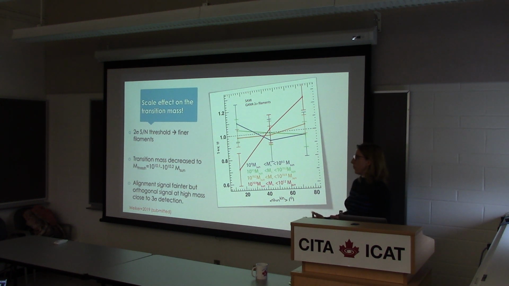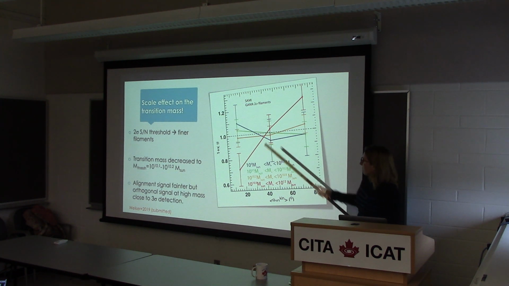Most of your galaxies become high mass, and you've got a very clear high mass signal. But then you reduce your sample of very low mass galaxies, and that kind of reduces your low mass signal. So even with a sample like SAMI, we start to see the effect of the filament scale on this transition, which tells you about the complexity of this process. It's actually very scale dependent.